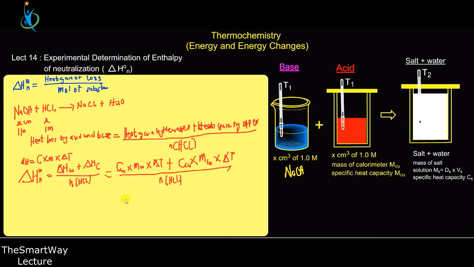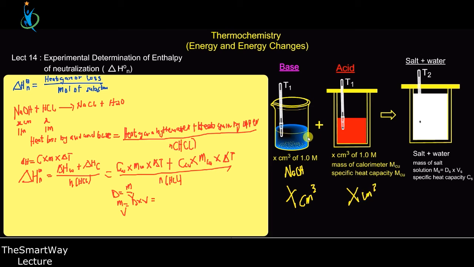Good. To find the mass of the water produced, it's very simple. You have to use the density. Density is equal to mass over volume, and so mass is equal to density times volume. We know the density already to be 1. Then the total volume of the two solutions: here we used X volume of the base and added it to X volume of the acid.